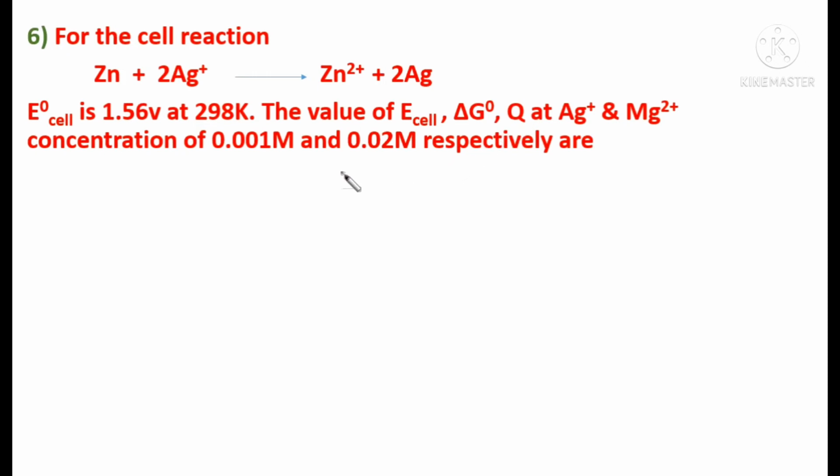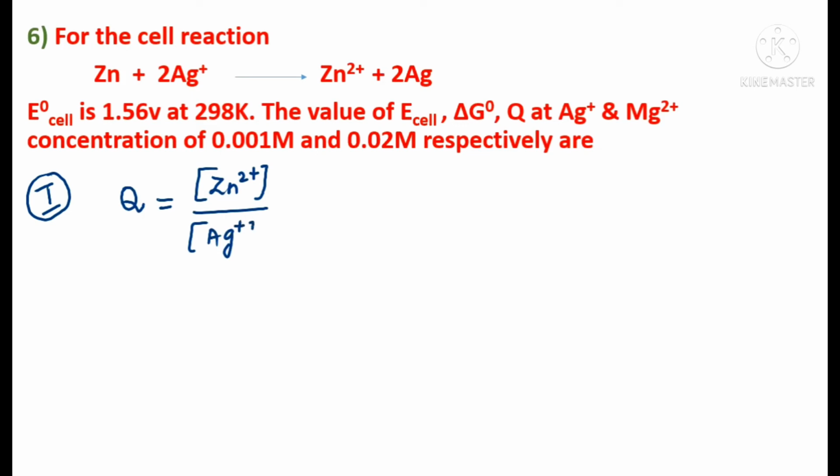We shall see one by one how to calculate them. We shall calculate the mass action ratio Q first. How to calculate Q? Q is equal to the concentration of Zn2+ divided by the concentration of Ag+, and here we should have the power 2, because it is given as 2 Ag+.